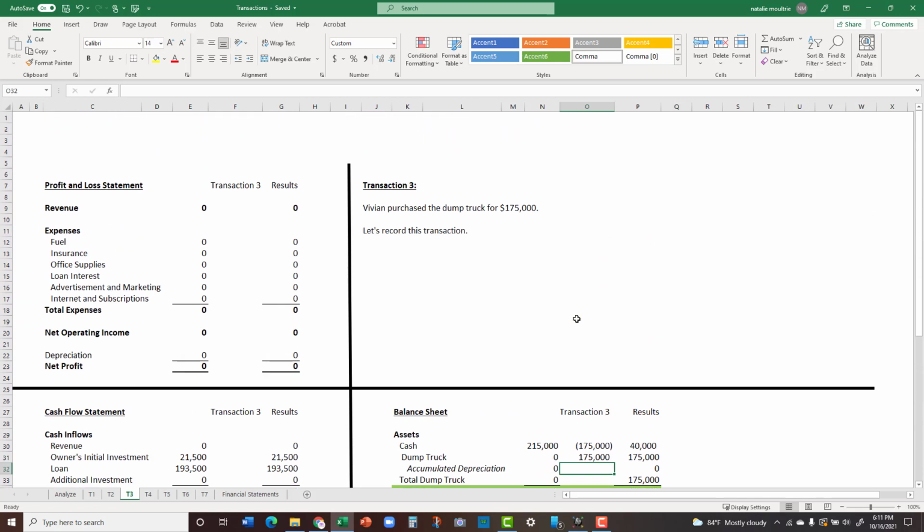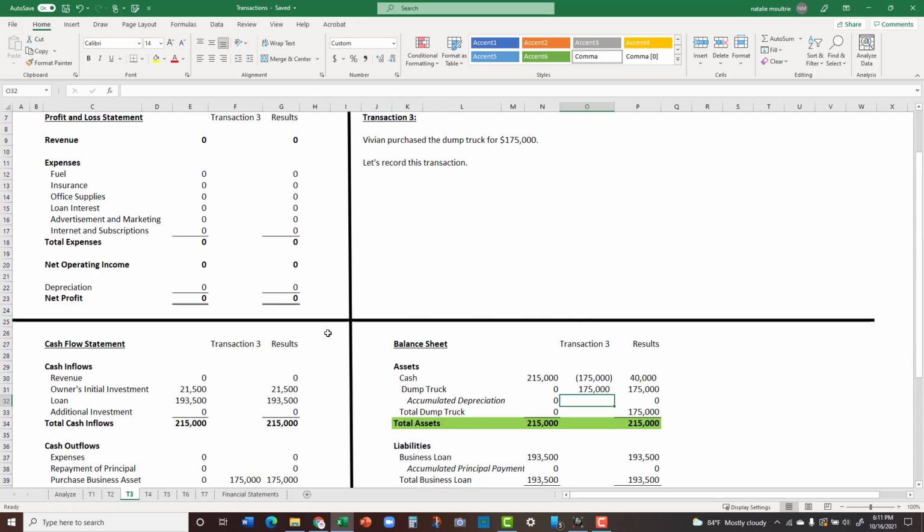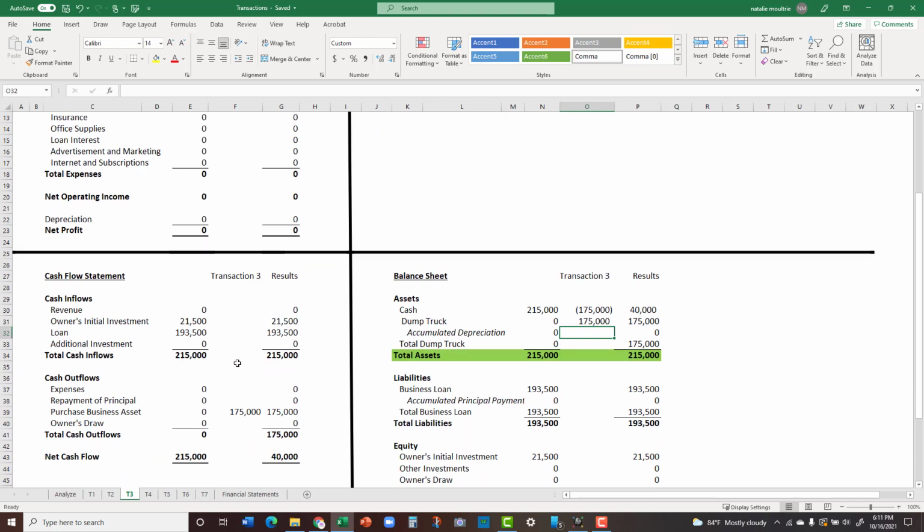Just as a recap for transaction 3, as we continue to build our financial statements, the purchase of the dump truck will definitely decrease the balance in our bank account down to $40,000, which is reflected on the cash flow statement. It's also going to decrease our cash balance that's indicated on the balance sheet, and it's going to increase the dump truck value.